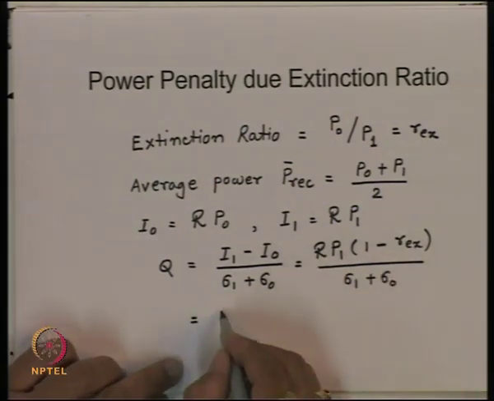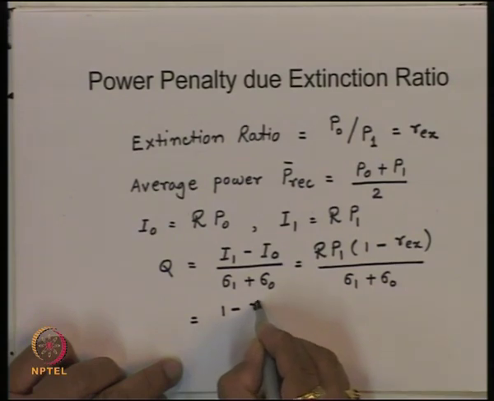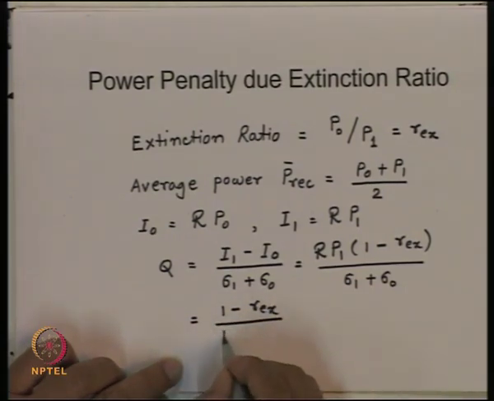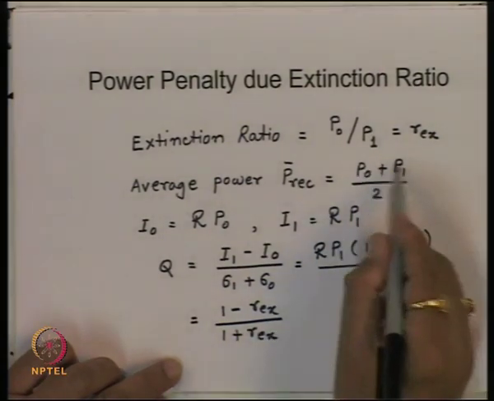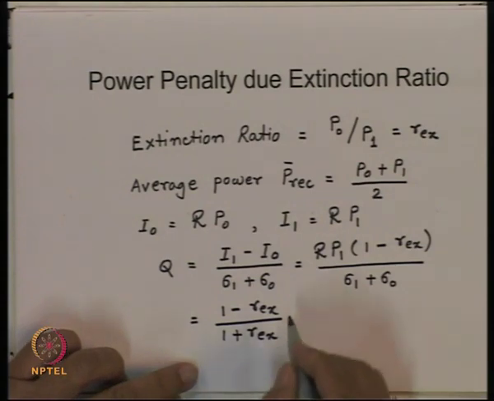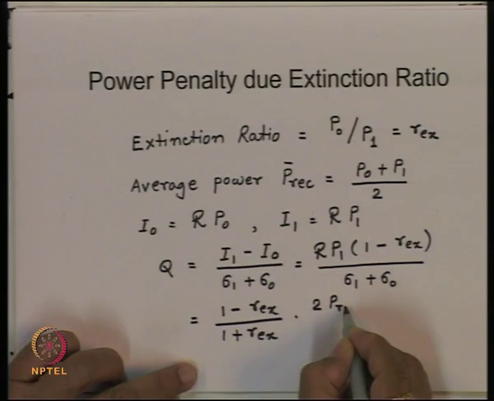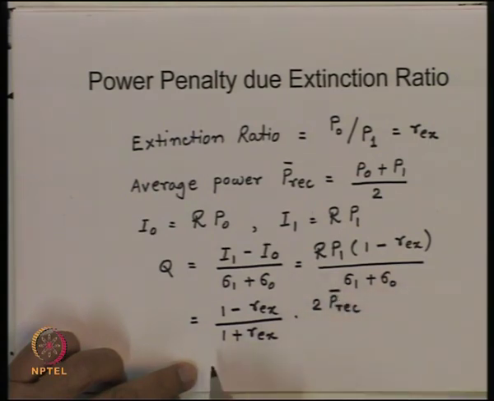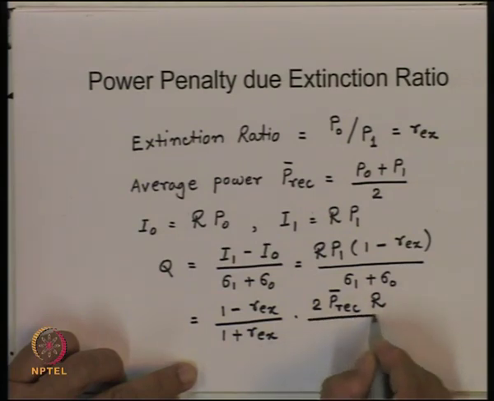So we can get a quantity 1 minus Rex divided by 1 plus Rex, that corresponds to this mean power, into 2 times P Rec into responsivity divided by sigma 1 plus sigma 0.